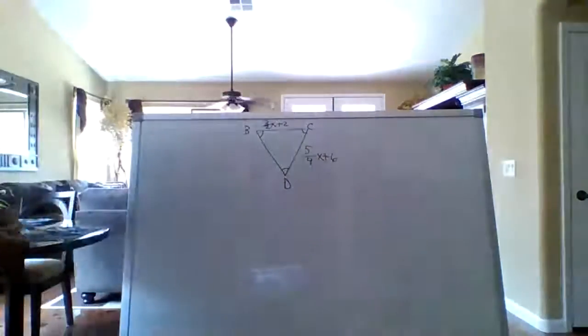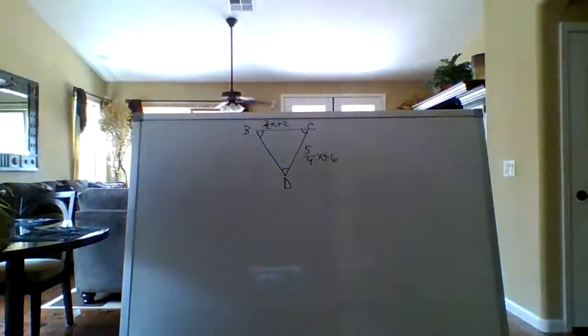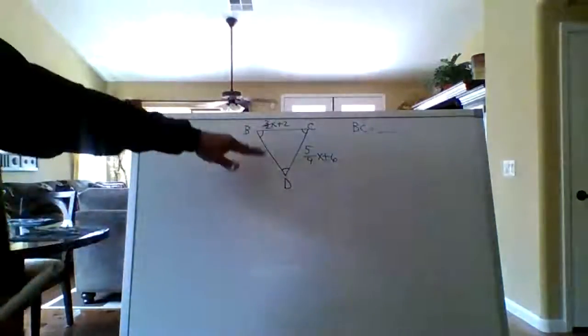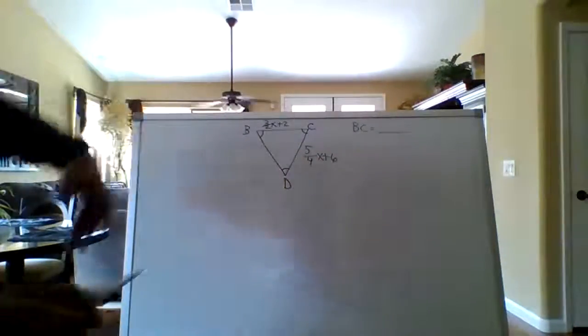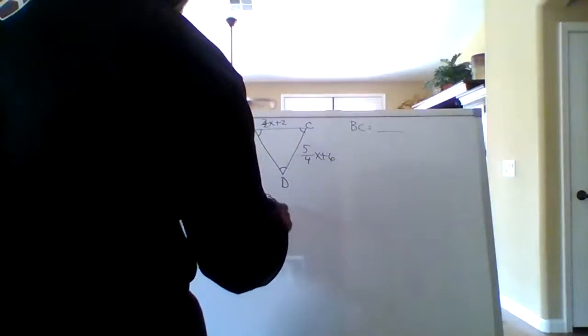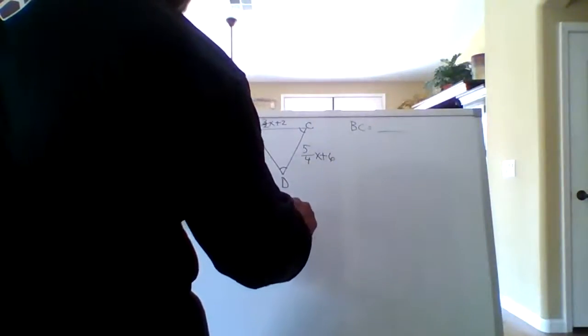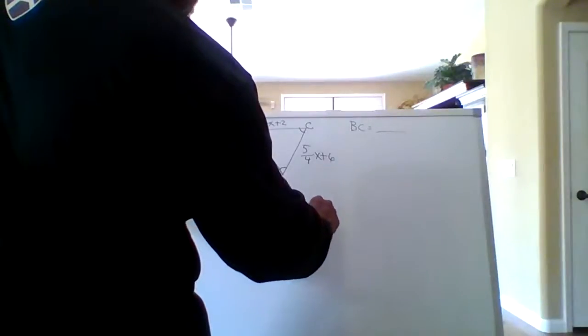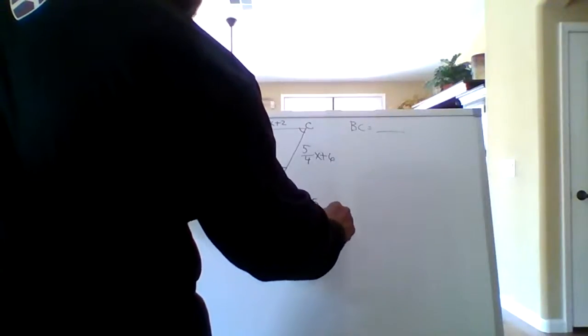So let's find the distance of BC. Now remember, since the triangle is equiangular, the sides will be equilateral. So here we have 3/2 x plus 2 equal to 5/4 x plus 6.